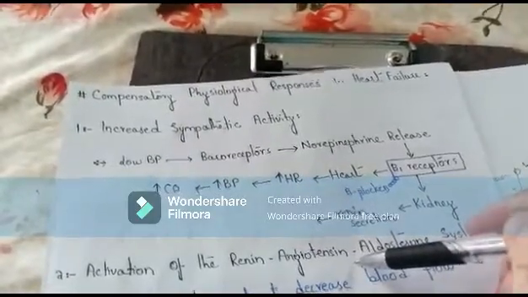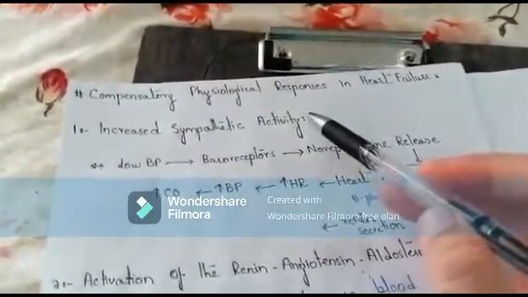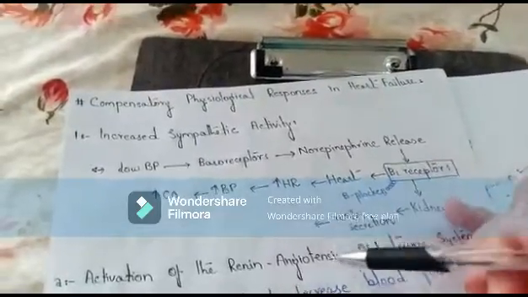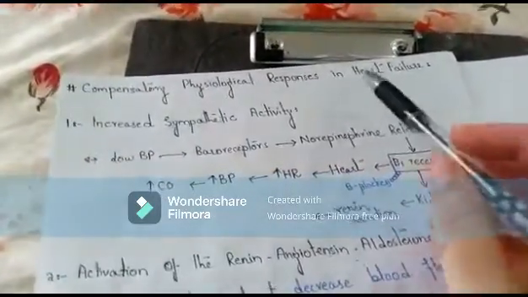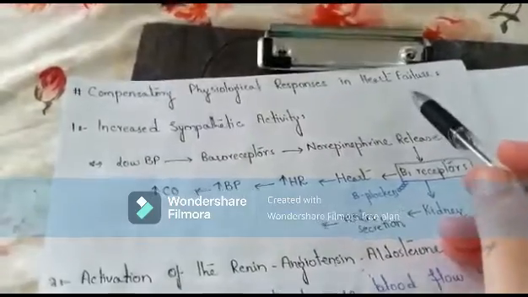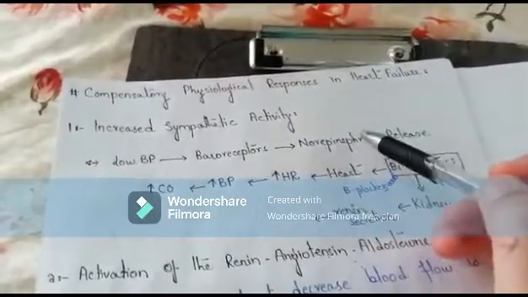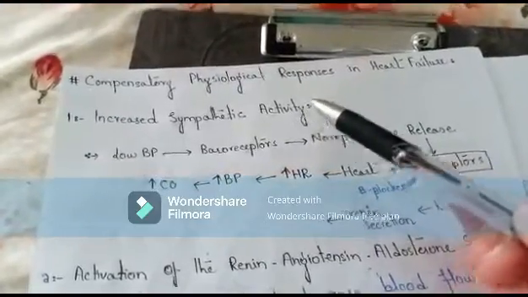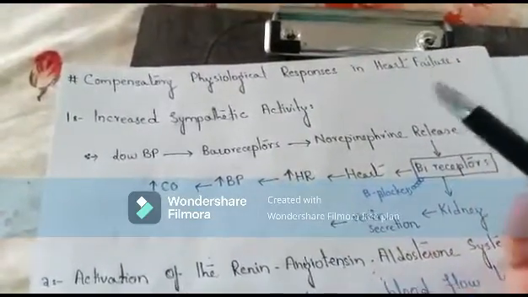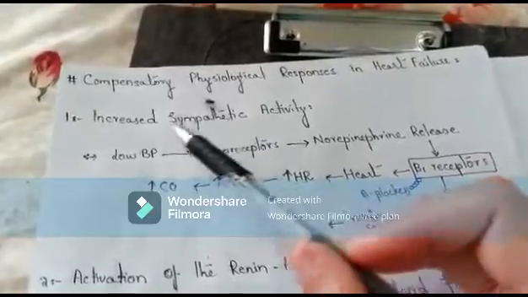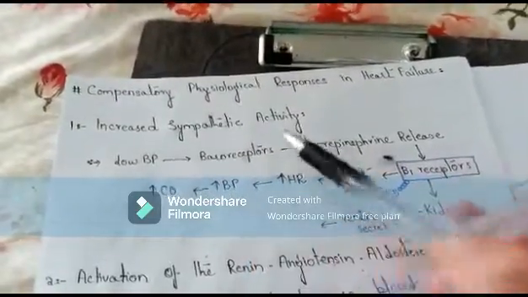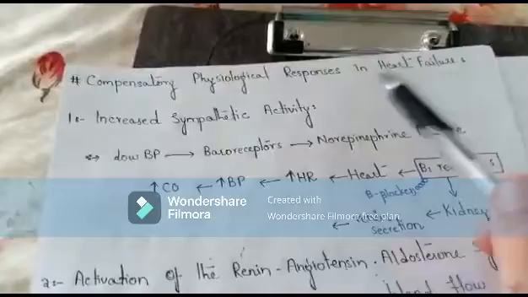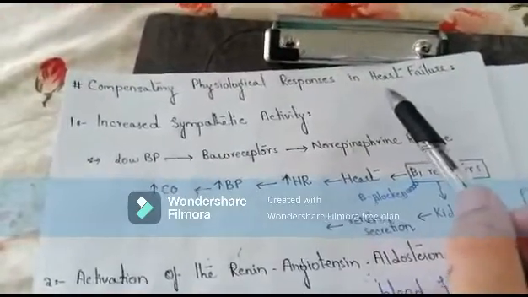But keep in mind that stimulation of the sympathetic activity and the RAS system does not cure the heart failure, rather it worsens it. Why? Because it increases the workload on the heart, and therefore we give drugs that stop the function of these two mechanisms.